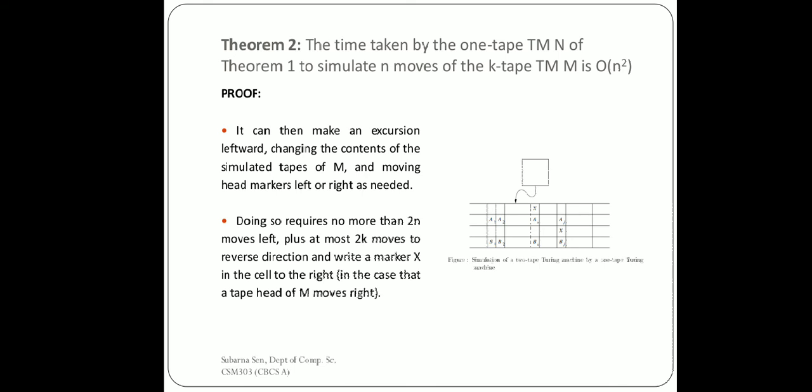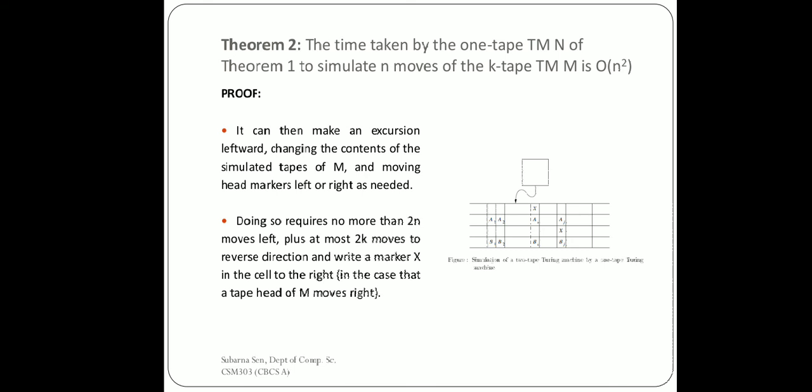Then plus 2k moves, because the marker has to cover 2k moves again, since there are k tapes. For each tape we are incorporating 2 tracks, right? That's why it needs 2k moves.